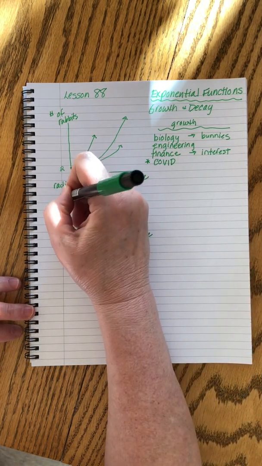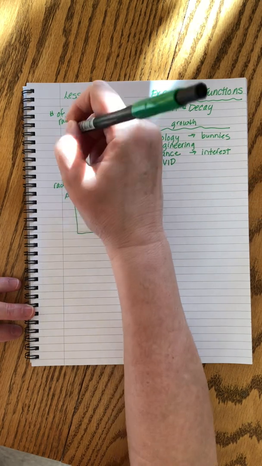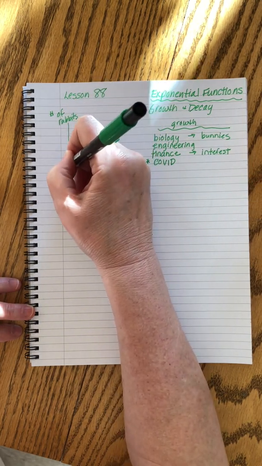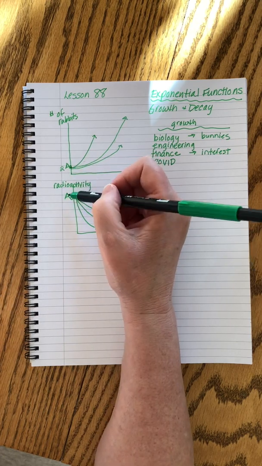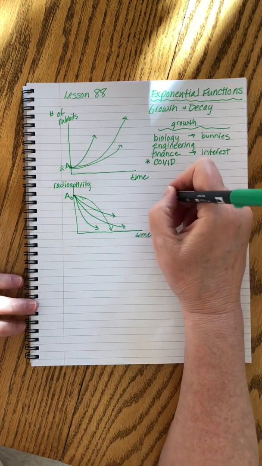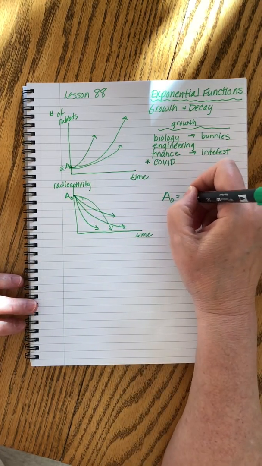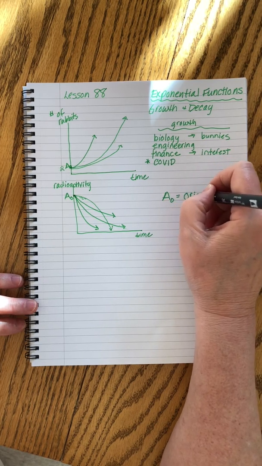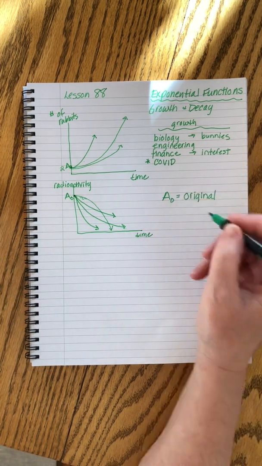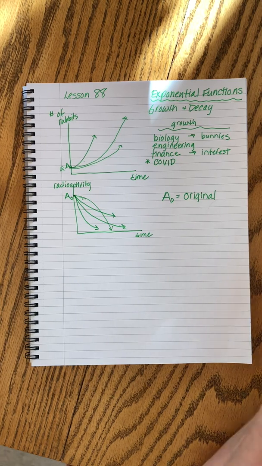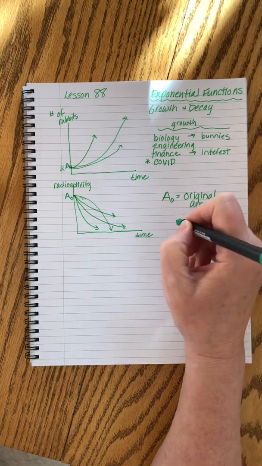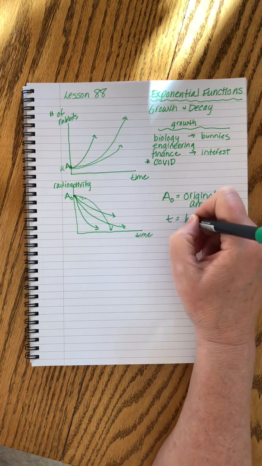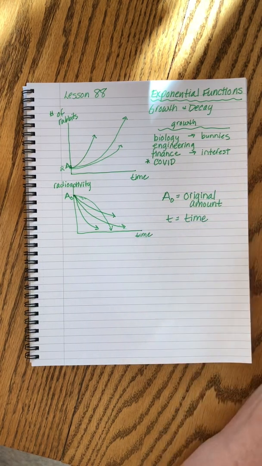Now, the original amount that we start with is called A sub 0. You can think of it as A to the 0, for when 0 time has passed, or A sub O for original amount. So you can think of that as both a 0 or a letter O. And T always represents the amount of time that is passing.